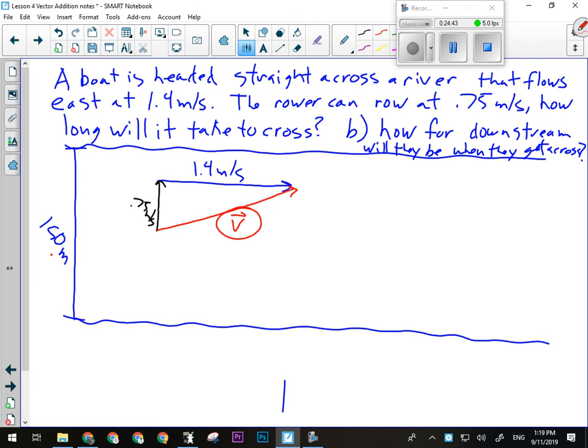I know the distance across. I know the speed across. So I can use them together to calculate the time by manipulating v equals d over t, finding t. So for this one, that's going to be 150 meters divided by 0.75.